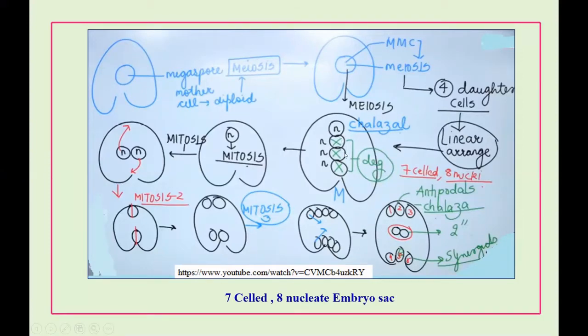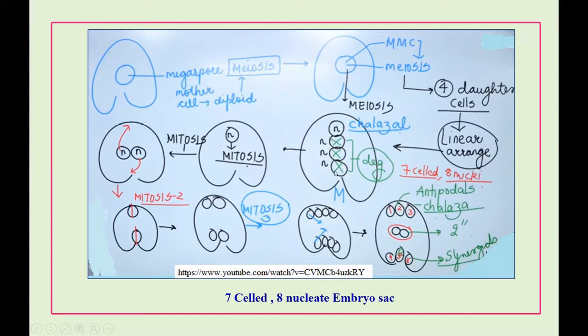Out of the 4 megaspores, the 3 present at the micropylar end degenerate, and the one at the chalazal end becomes active.